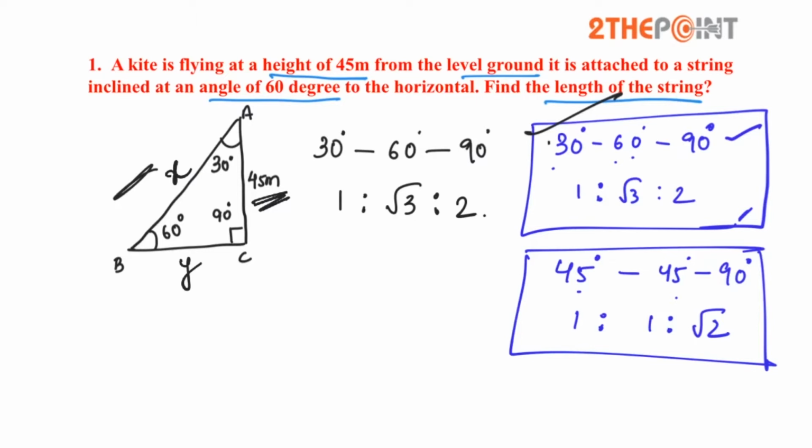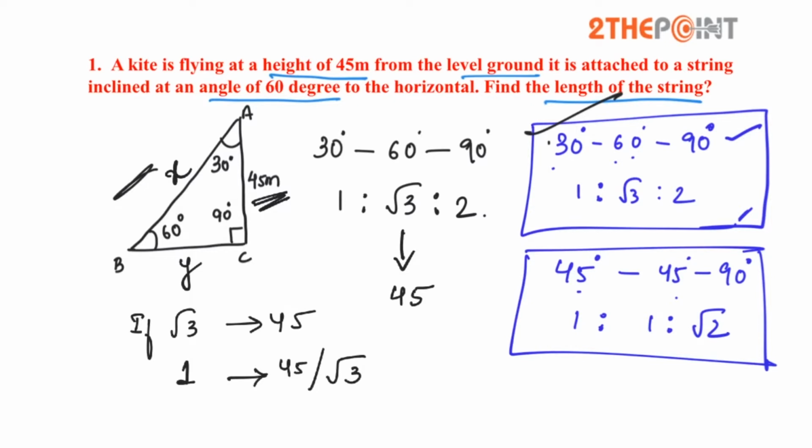So here we have the value for 60 degree, that is for root 3, it is 45. If for root 3 it is 45, what is the value for 1? It is 45 by root 3.